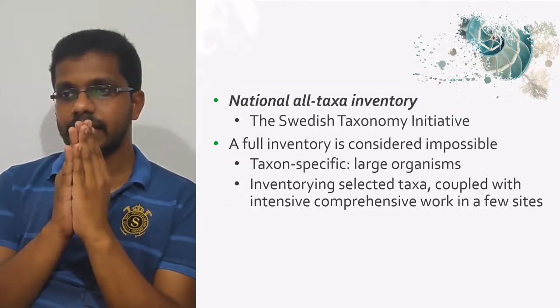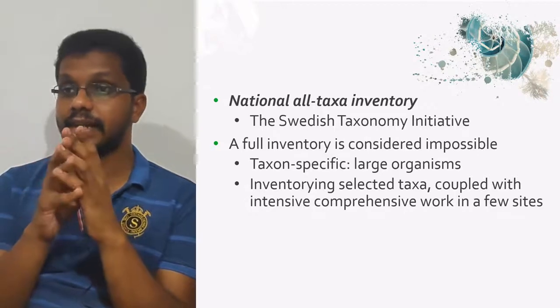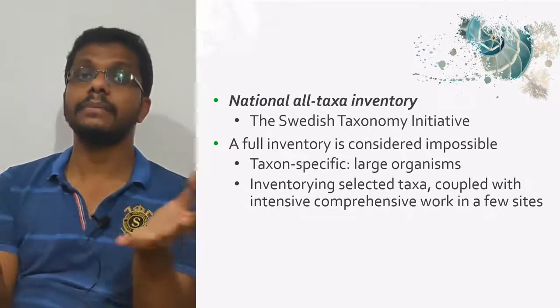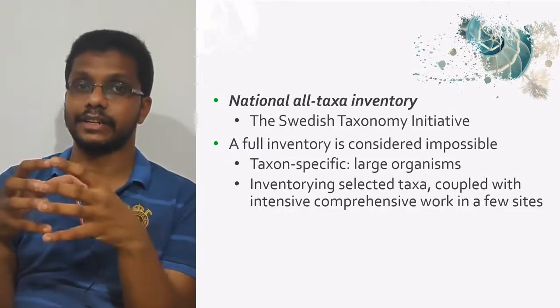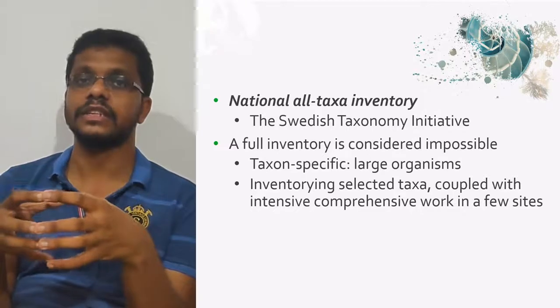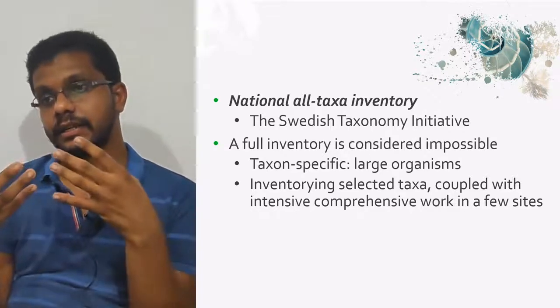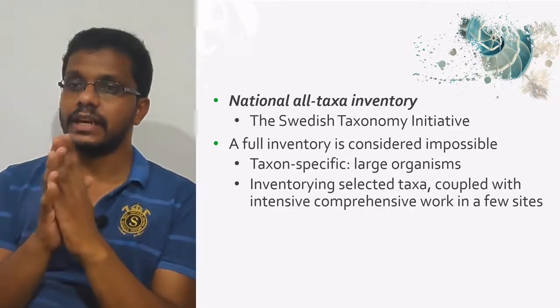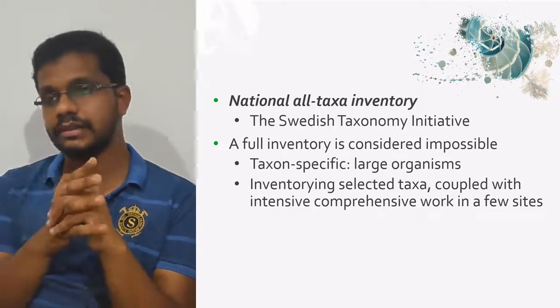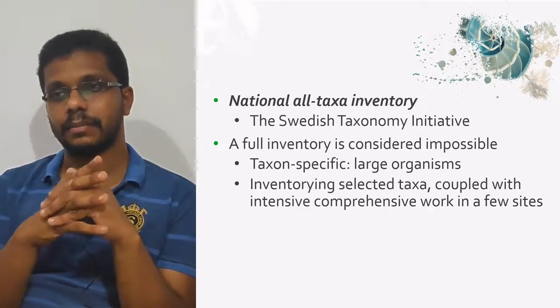So some of the countries have initiated national all taxa inventories, which is to document all the available bioresources in an inventory, to identify and document every bioresource in that country. The work for that is progressing in most of the countries, but it is largely partial.